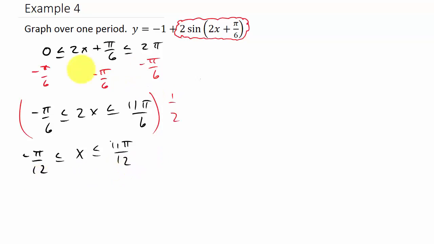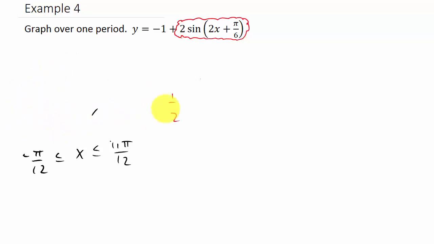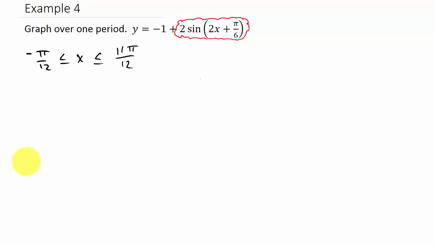Now what I'm going to do is erase this up here so I can rewrite it and give me some more room down here to find my midpoints. So this is going to be negative pi over 12 less than or equal to x less than or equal to 11 pi over 12. All right, so let's erase that.